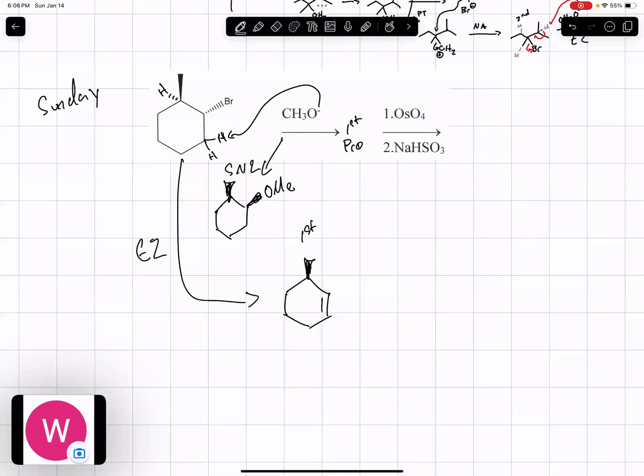Here, what does OsO4 with NaHSO3 do? What does this reagent do? Does anybody remember? Can anybody answer that question?